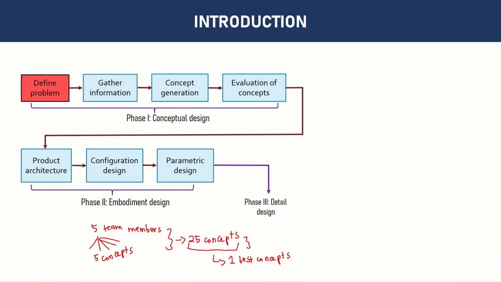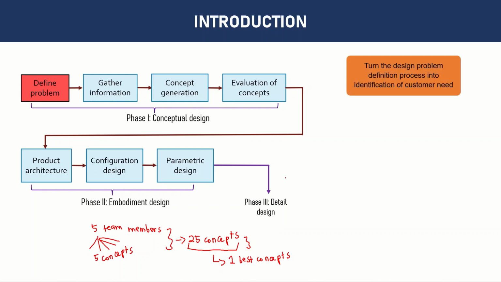So under this problem definition, when we talk about the design process itself, we want to solve the problem. It involves problem solving, which means that we turn the design problem definition process into identification of customer needs.